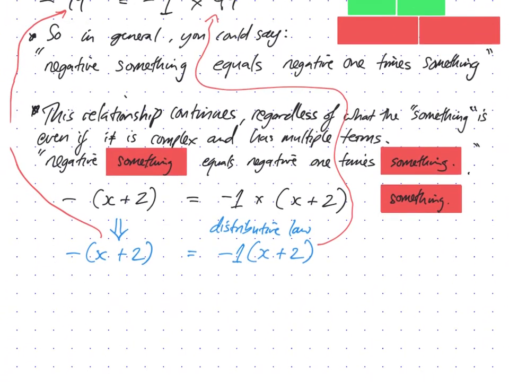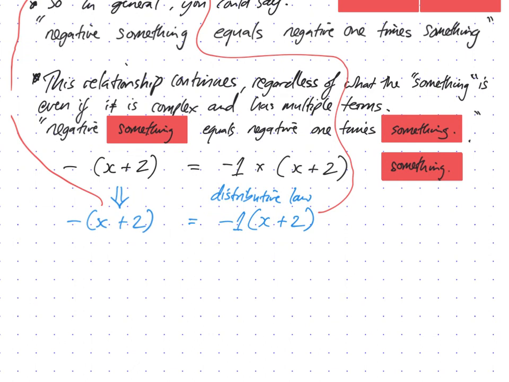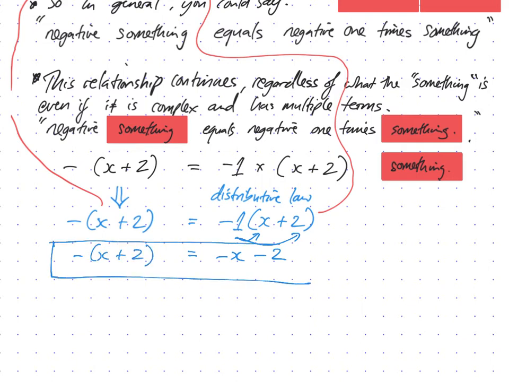And so now we can apply the distributive law and work it out. So it's going to be negative 1 times x is negative x. And then this is the key here. You're doing negative 1 times 2, which is going to be negative 2. So that shows the importance of when you're subtracting something that's got multiple terms, it's a bit more complex than a single number.